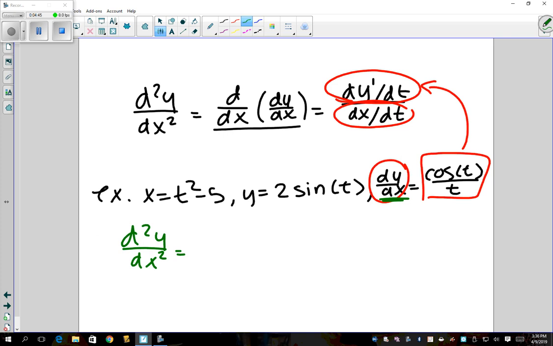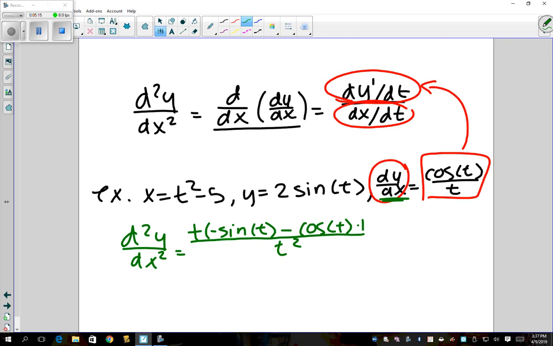The derivative of cosine of t over t, we need to use our quotient rule. So low d high minus high d low. So t times negative sine of t, minus high, cosine t, times the derivative of low, which is just 1, over low squared.